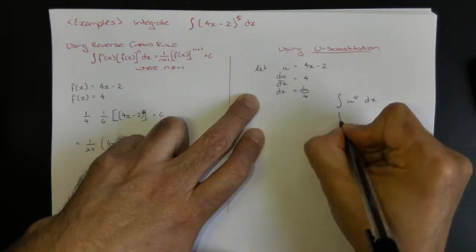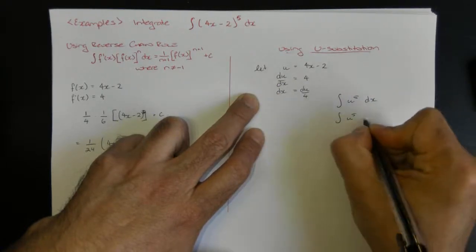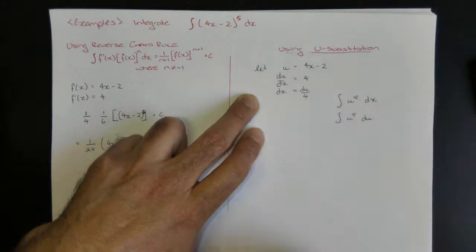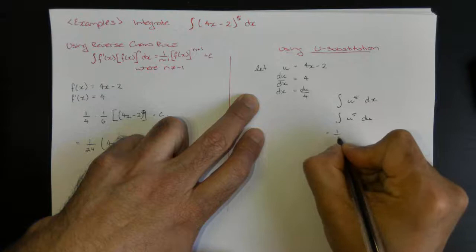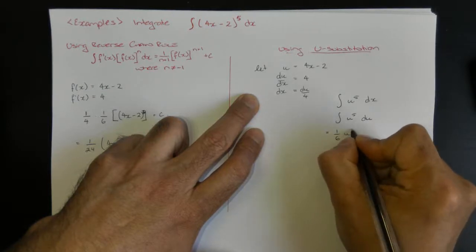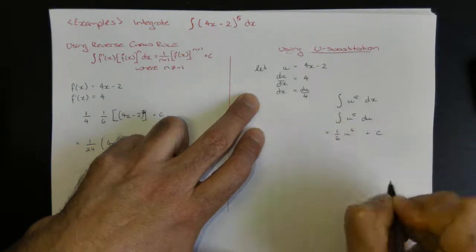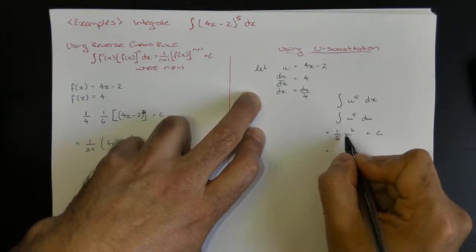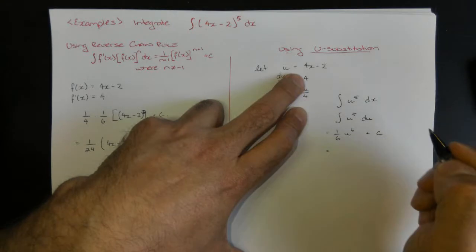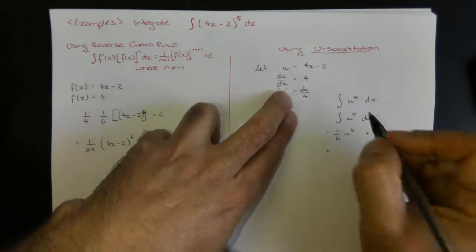So we actually get u to the power of 5 du, which we're able to integrate. So that's going to be 1 over 6 u to the power of 6 plus c. Now, we didn't start with u, so we're actually going to replace that.